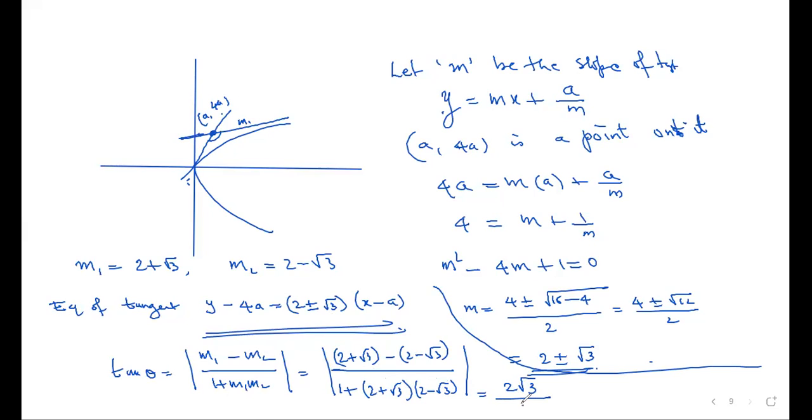Four minus 3, 1. So the angle between them is 60 degrees. Tan theta is root 3, so theta is 60 degrees.